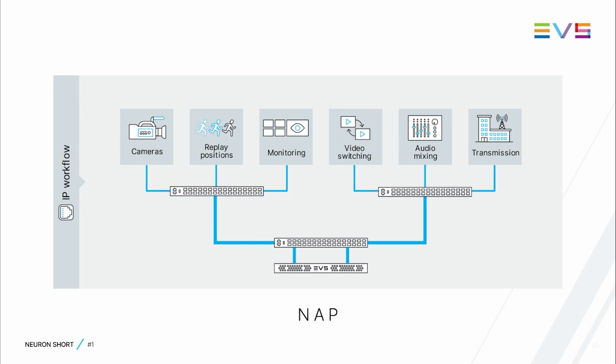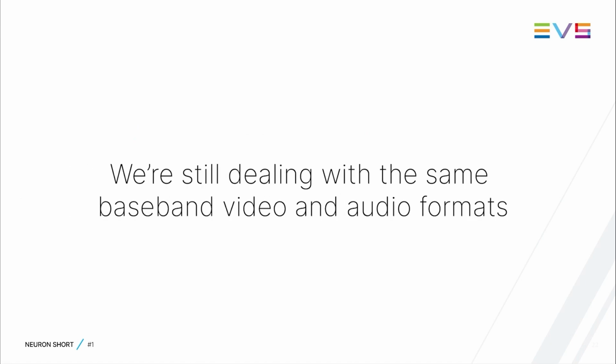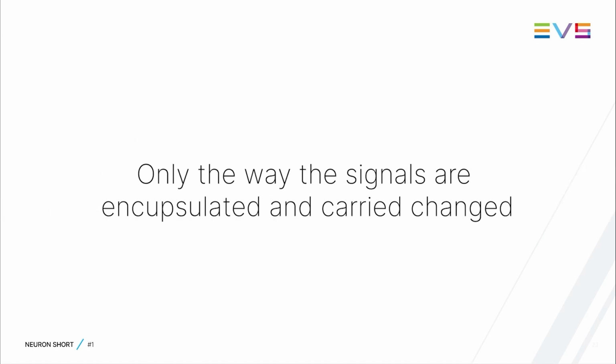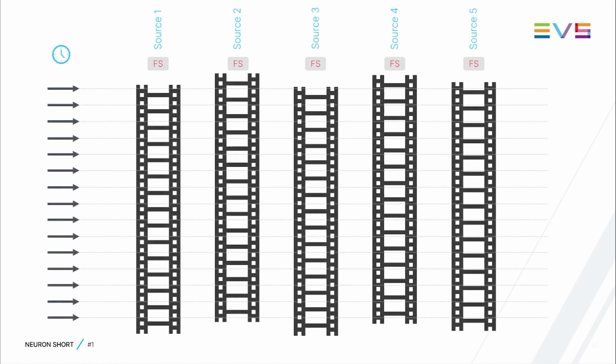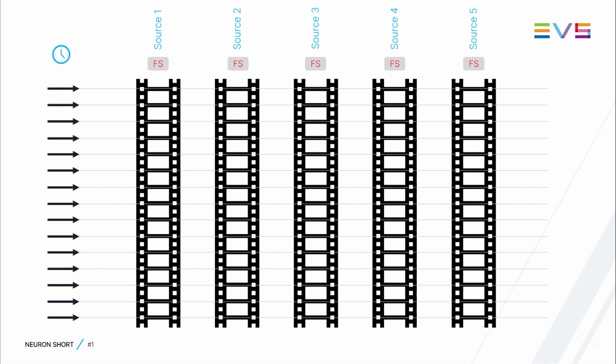And everyone does still need real-time processing in the IP domain. We're still dealing with baseband video and audio. The actual video and audio formats didn't change, only the way the signals are packetized and carried is now different. You still need to synchronize the frames of all your streams so that each frame of each signal starts at the exact same time.